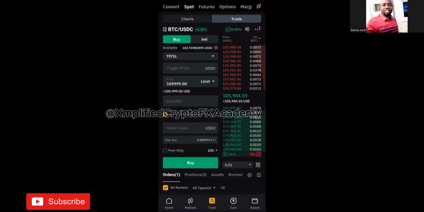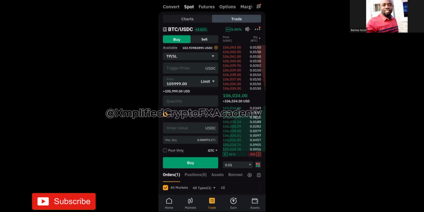TP and SL is a function of taking profit or making a stop loss, stopping your loss. This one doesn't allow you to buy, so you don't use the buy order feature here.